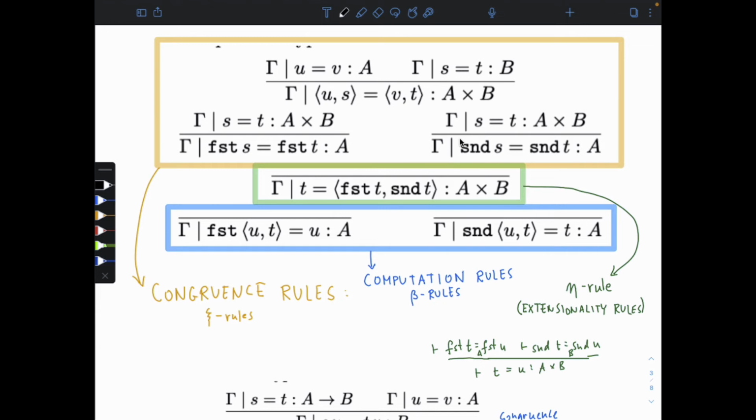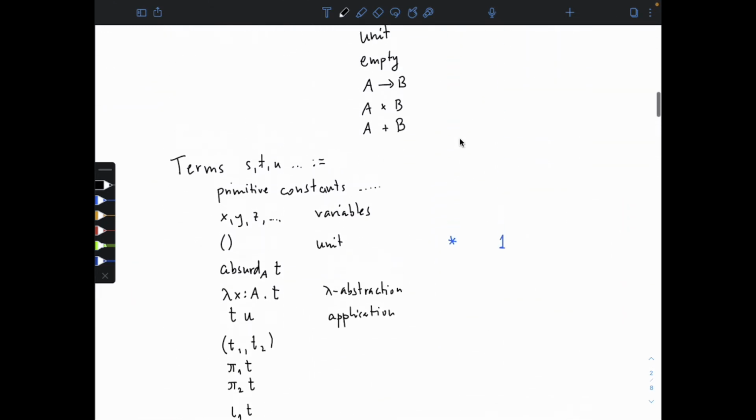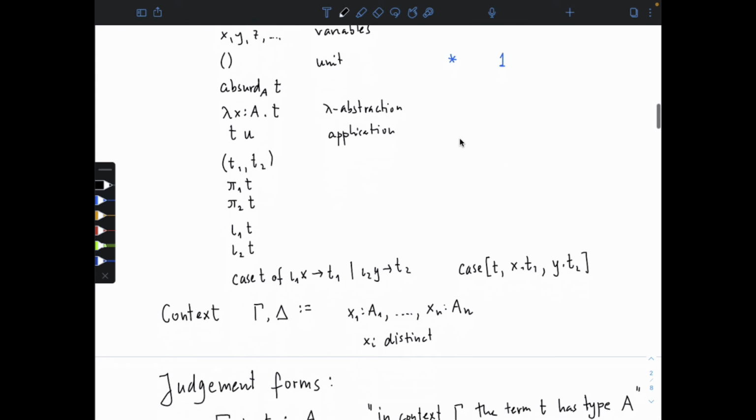I don't know the exact years, but it must have been around 1940 with the simply typed lambda calculus. Now we're going to discuss the Curry-Howard correspondence, in this form.